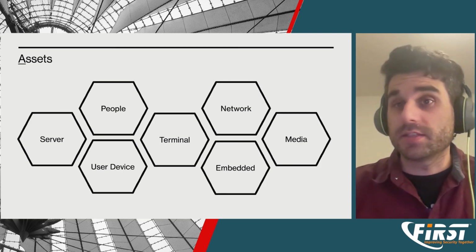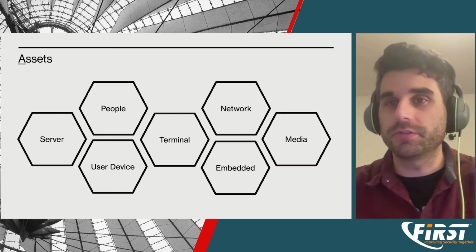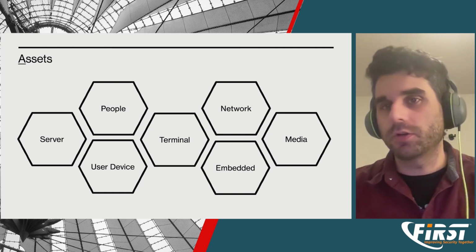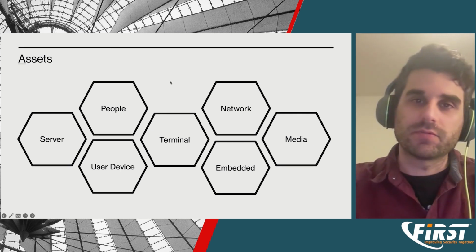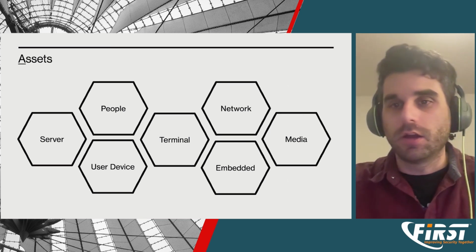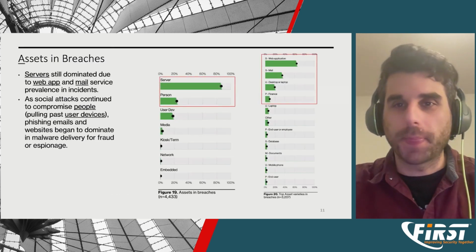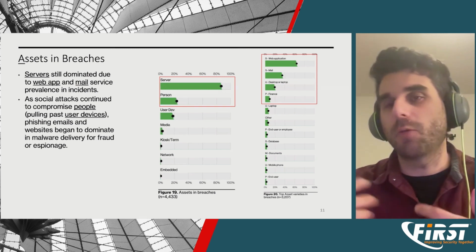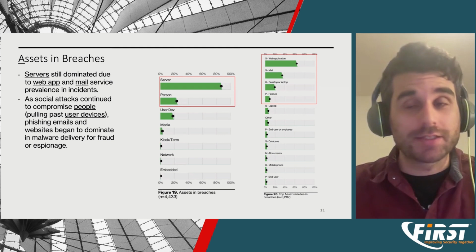Assets. This is what was impacted, right? So was a person convinced to disclose credentials? Was it a server, or was it a user device or networking device? So we have kind of this rough taxonomy that exists in terms of the different types of assets. And we found that the majority of our data set falls within a small subset, really looking at servers and web applications and mail applications, which I think really makes sense cognitively, right?